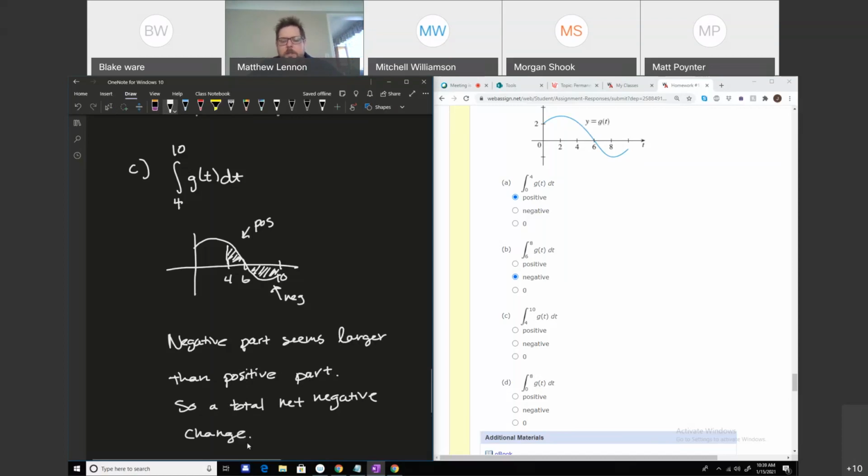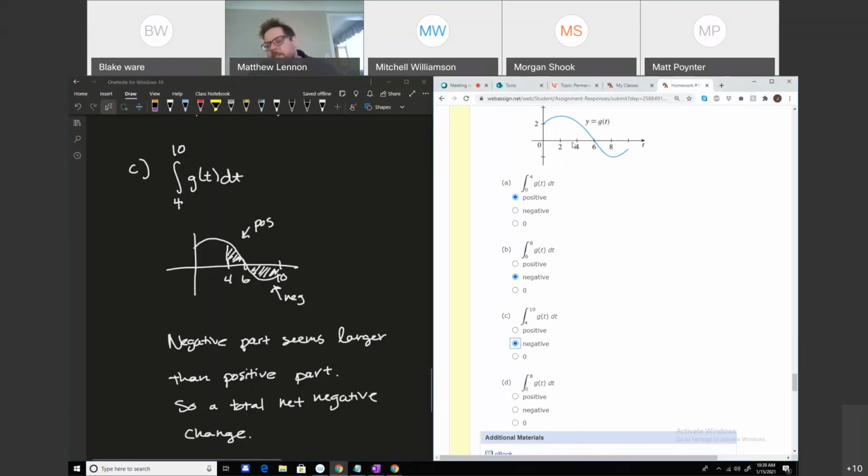Does that make sense? It's almost like the old expression, right? 1 step forward, 2 steps backward. You did move forward at one point, but you overall experienced a net negative because you ended up going backwards. So that's kind of what this integral is like. So I would say negative.